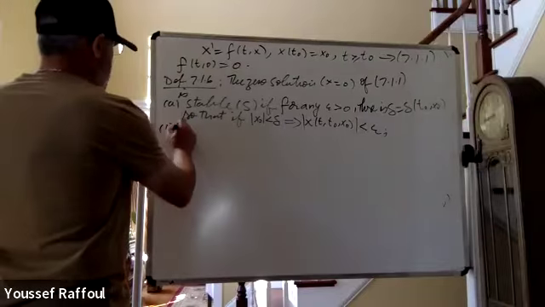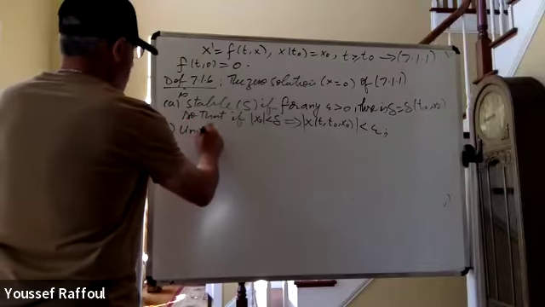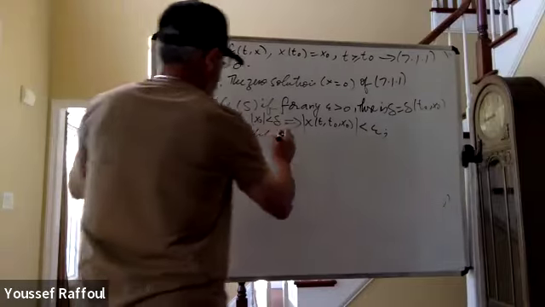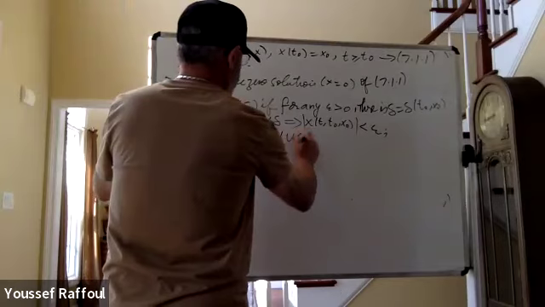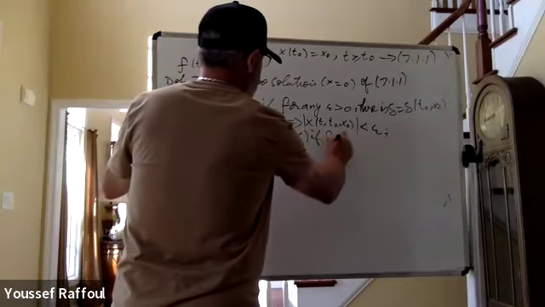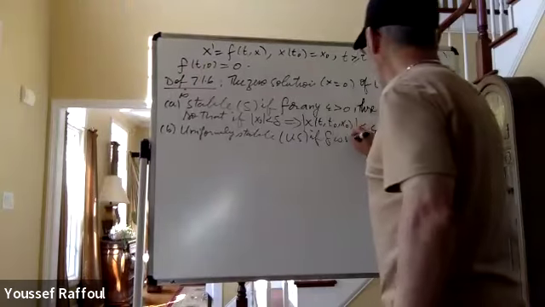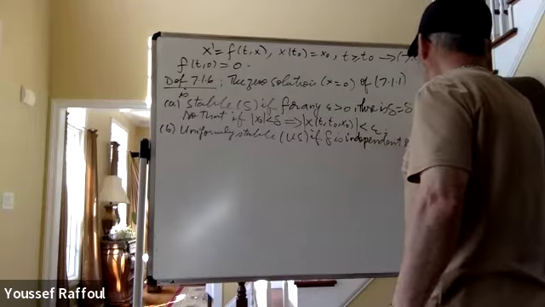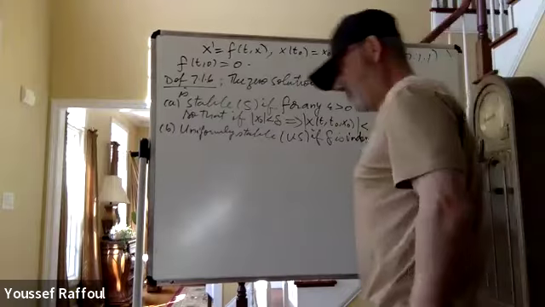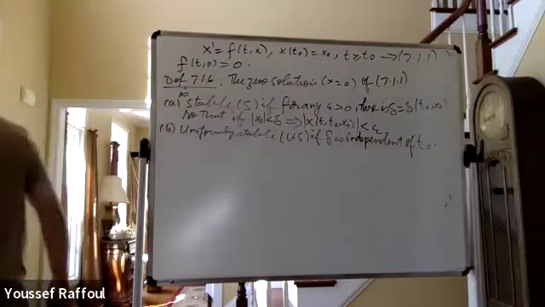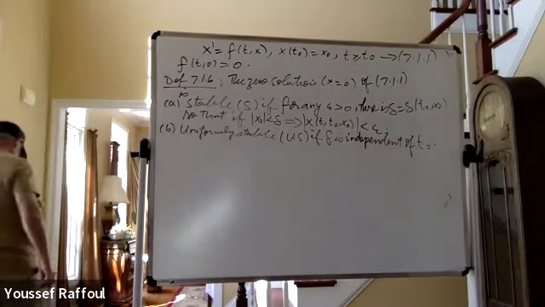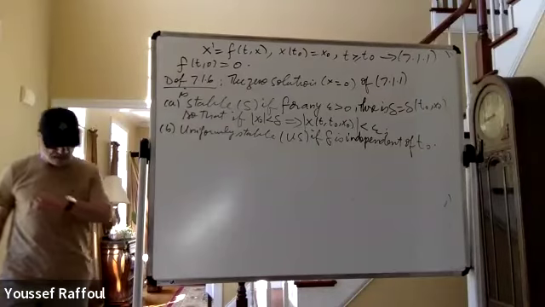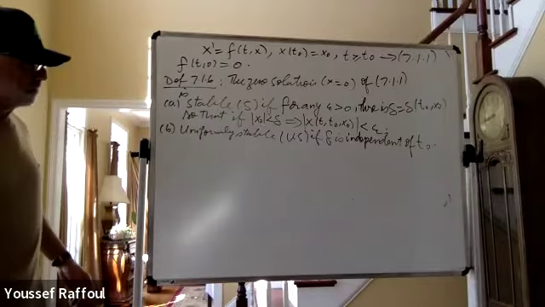(b) It is uniformly stable if delta is independent of the initial time. Okay?